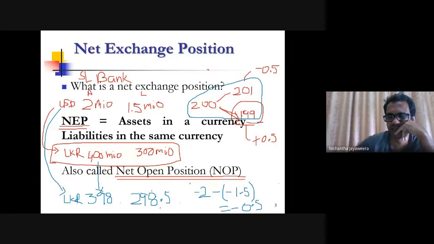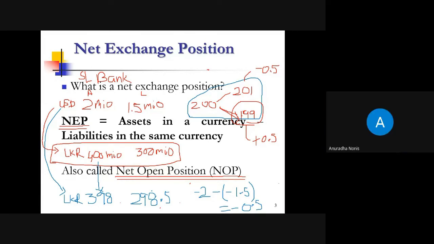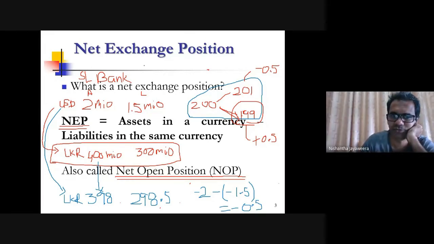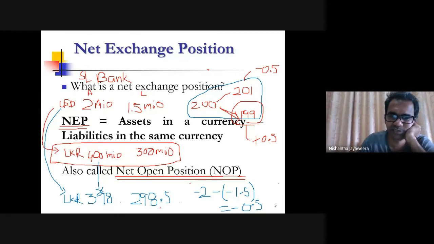What is that difference? Okay, now is it clear? Yes, sir. It's clear now. Same thing, 400 to 402 and 300 to 301.5. Assets increased by 2 million, liabilities increased by 1.5 million. So the net is a 500,000 increase in value.